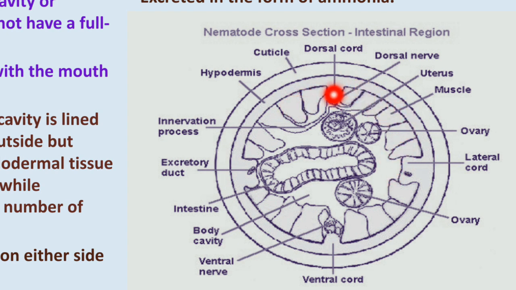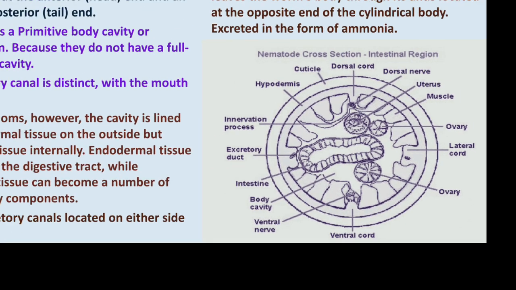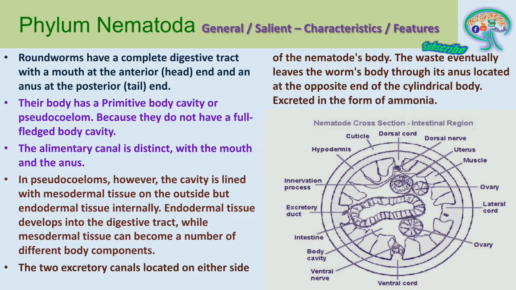You can see dorsal cord, dorsal nerve, uterus, muscle, ovary, ventral cord, ventral nerve, body, intestine, excretory duct, innervation process, hypodermis, everything is fused to some extent with each other, and to some extent appears to be free from each other. So it is a pseudocoelom, that is the false coelom or the false cavity.